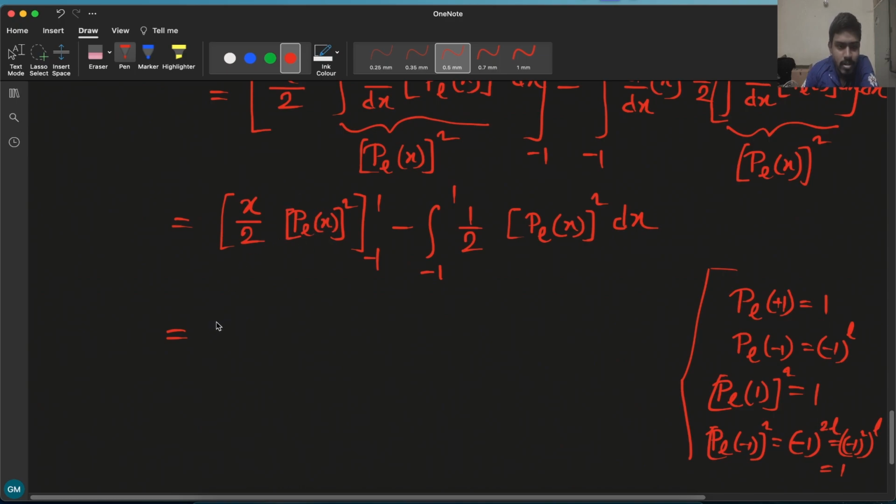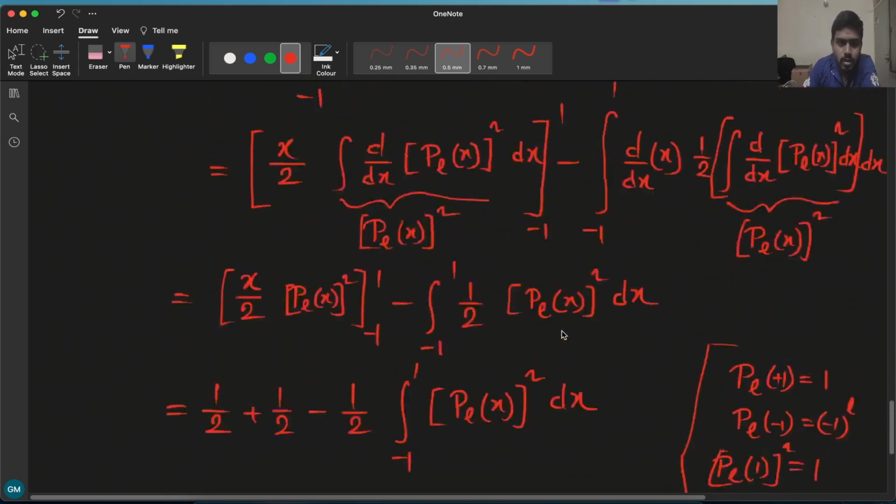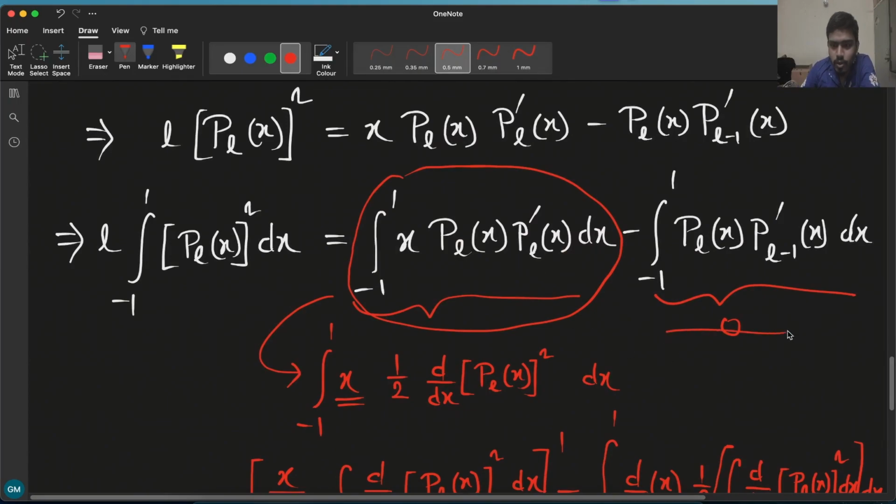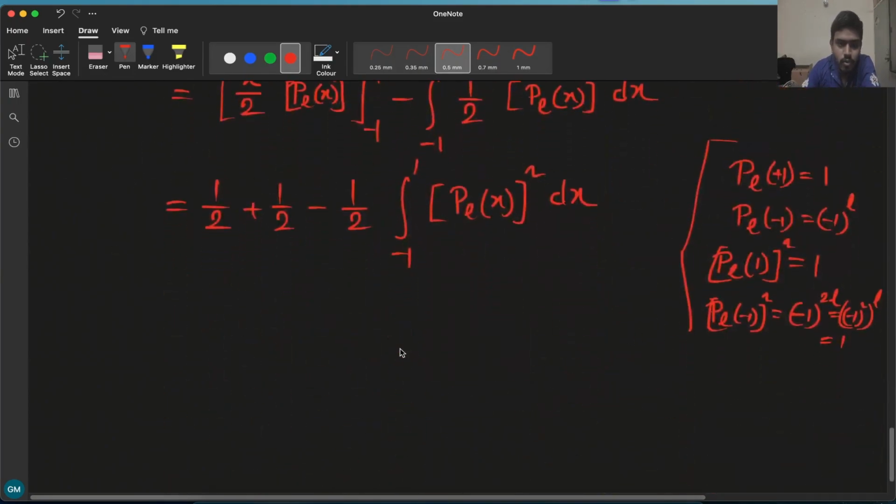So if I put the upper limit, it is 1 by 2, minus, if I put the lower limit, minus 1 by 2, and then taking this minus outside, it will be plus half, minus 1 by 2 times the integral from minus 1 to 1 of P_l(x) square dx. As this term is 0, this term will be basically the total right hand side.